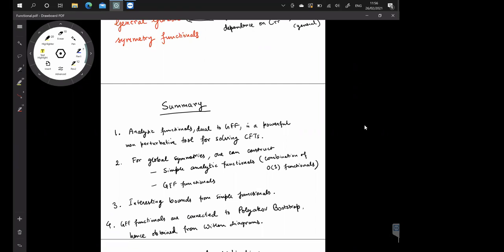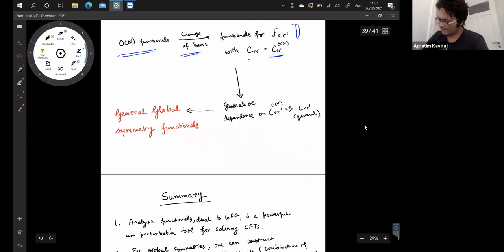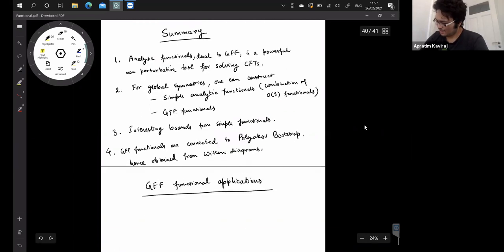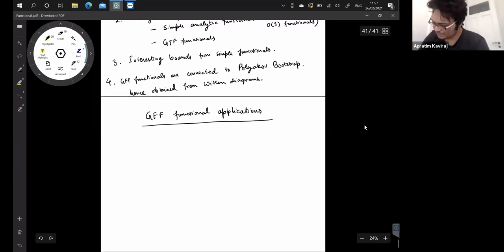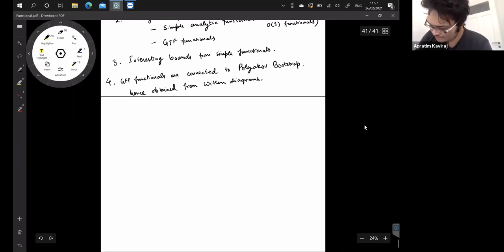Okay, my knowledge is a bit limited, but not much work has been done for Bootstrap of higher point functions, but I think there are some papers.